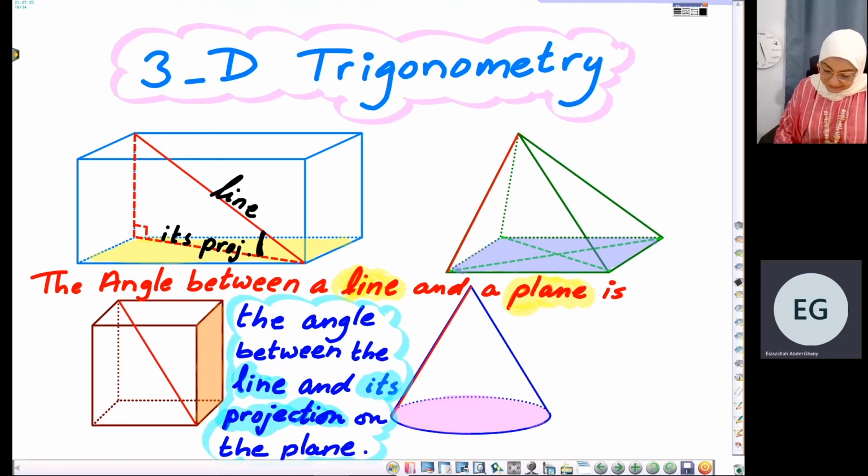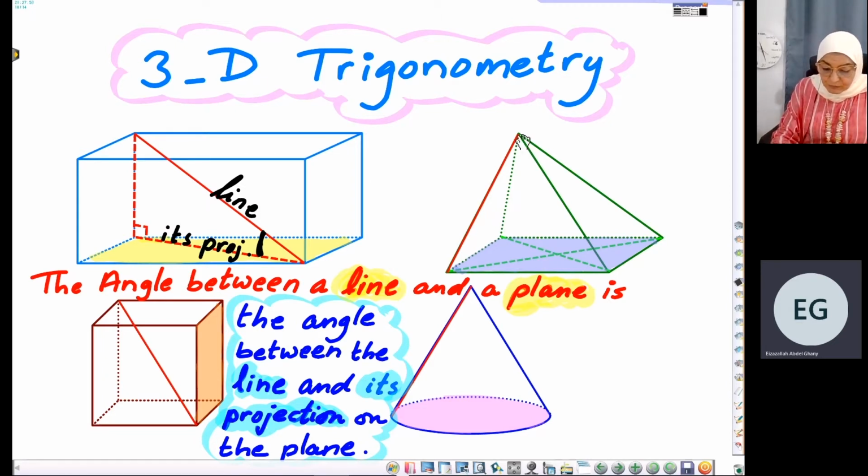We need to find the angle between the red line and this plane, which is the base of the pyramid. Where is the perpendicular? How do we drop it? Usually, all the edges of the pyramid are equal, and the top point we call the apex.